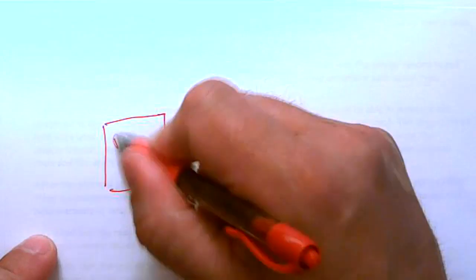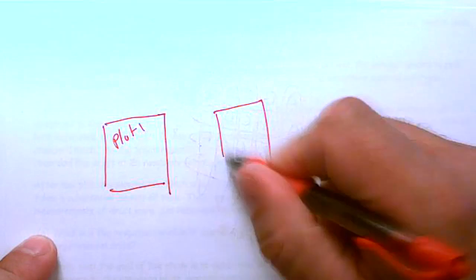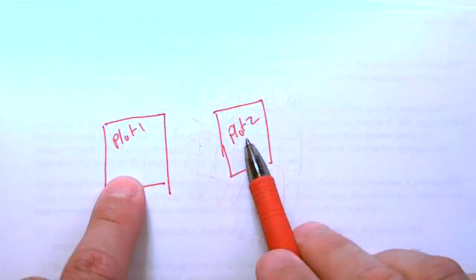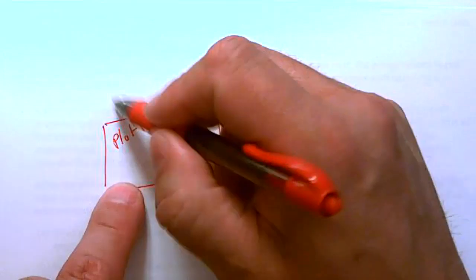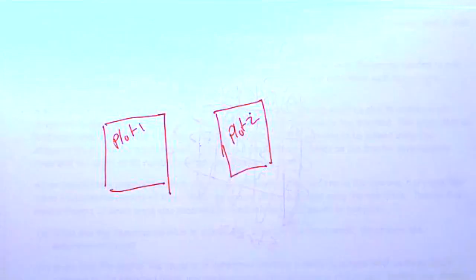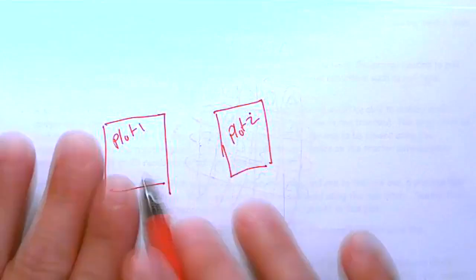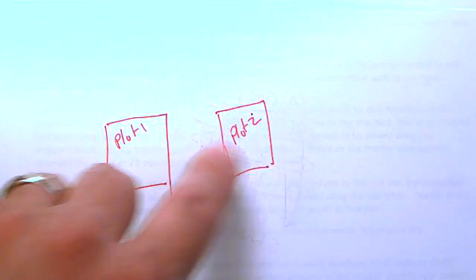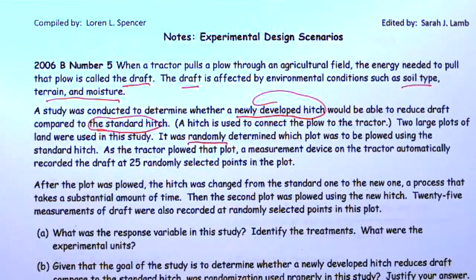We have plot 1 and plot 2. So we basically have two plots of land. One is going to get one hitch, and the other will get the other hitch. We're going to randomly assign the hitch to one of the plots. Notice only one plot for one hitch and one plot for the other hitch. That's going to be important.